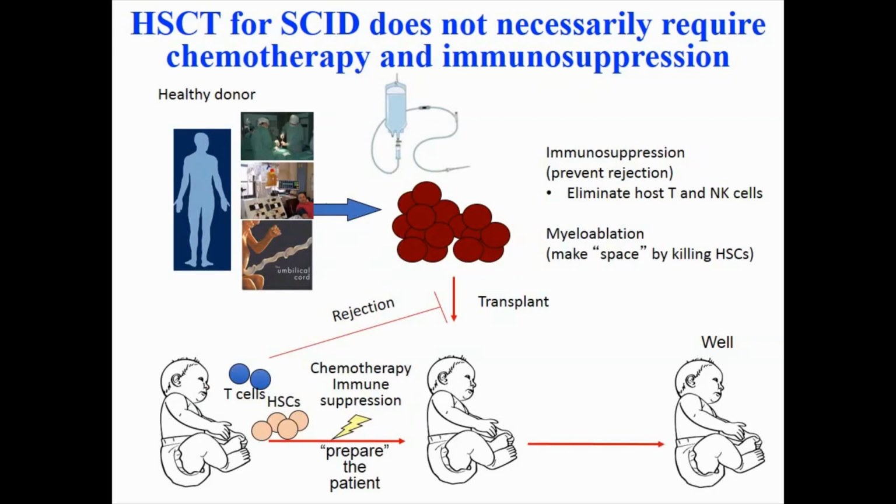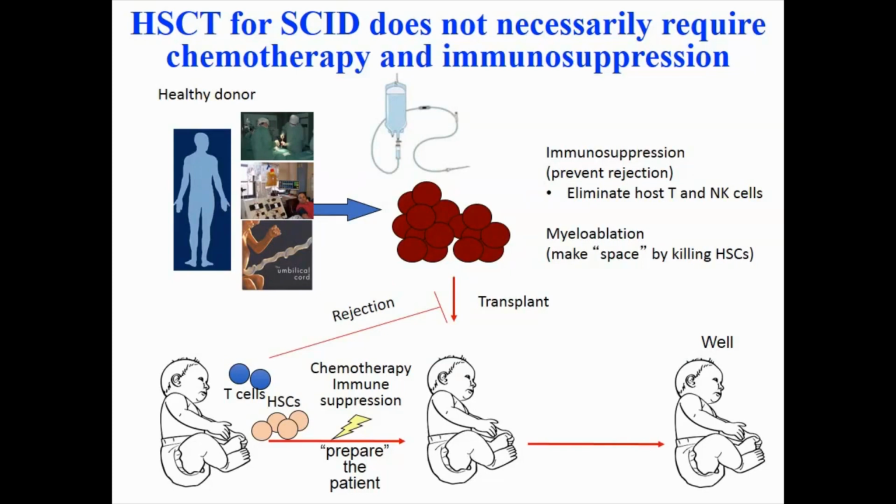And normally if this baby has a disease like, unfortunately, leukemia that requires a transplant, the baby has his or her own T cells, and has stem cells that you want to remove because you want to replace the wrong cells from the baby with the cells of a healthy donor.